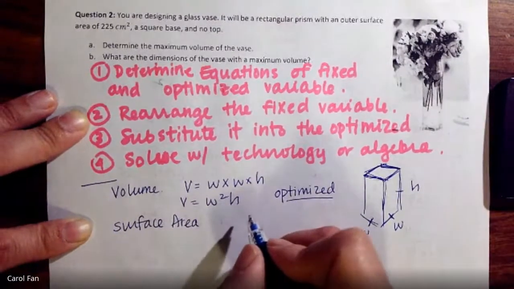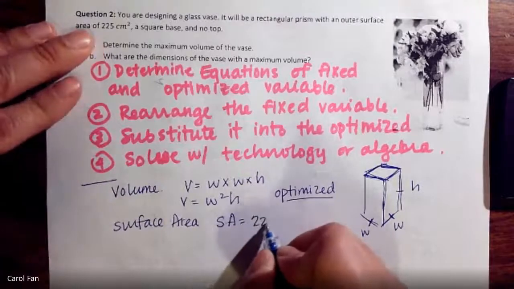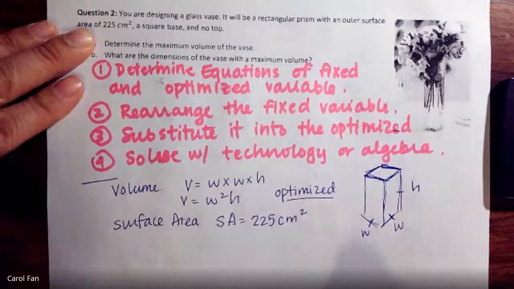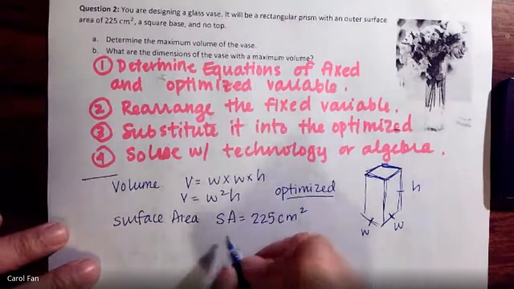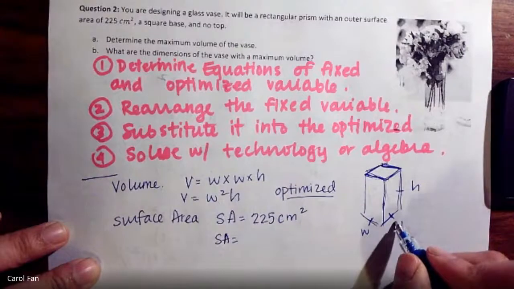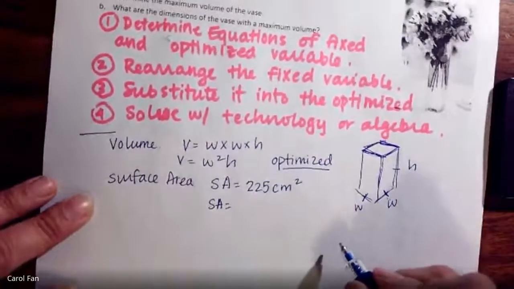Surface area is fixed. They've told us that surface area is equal to 225 centimeters squared. Now, to get my surface area equation, I'm going to have to think of the net of this shape.